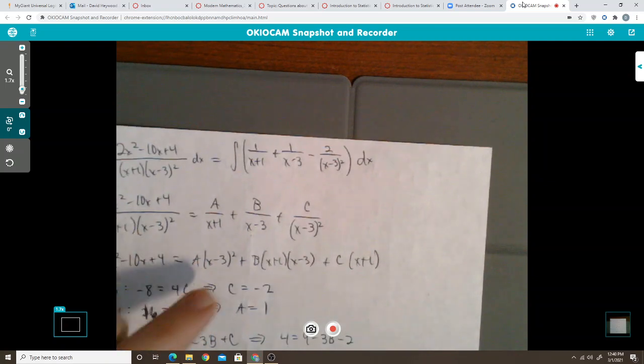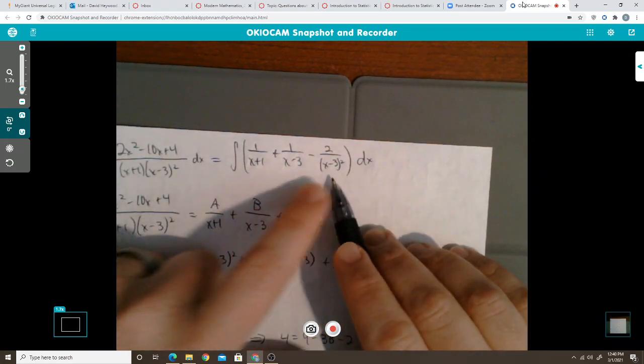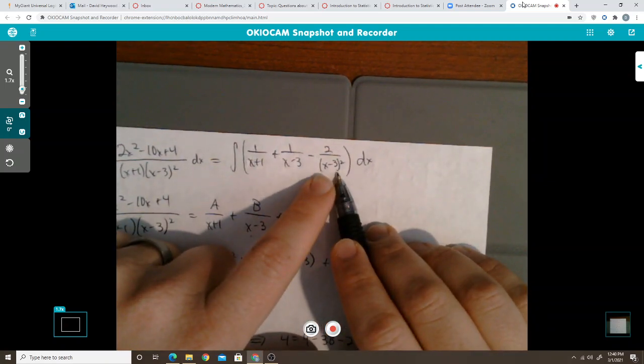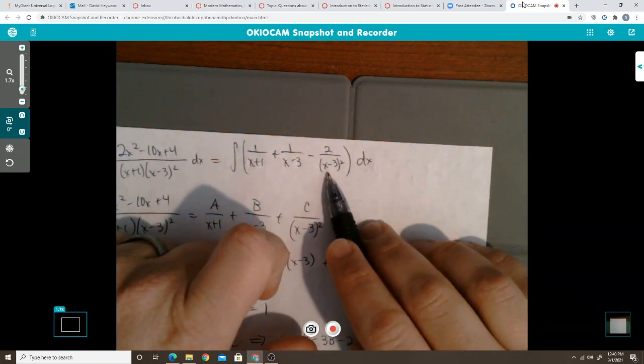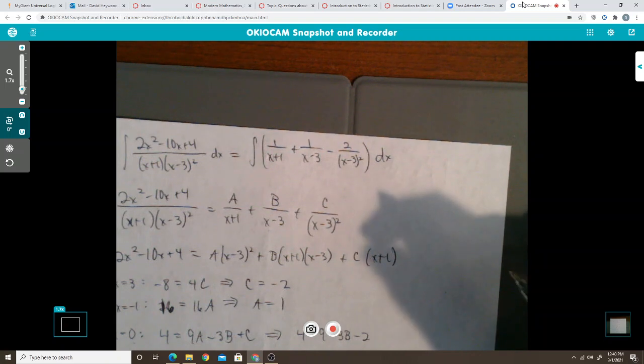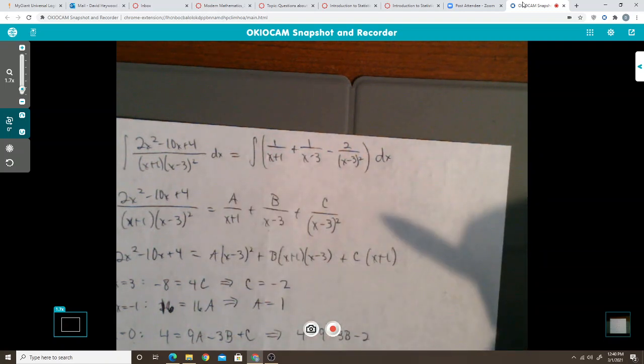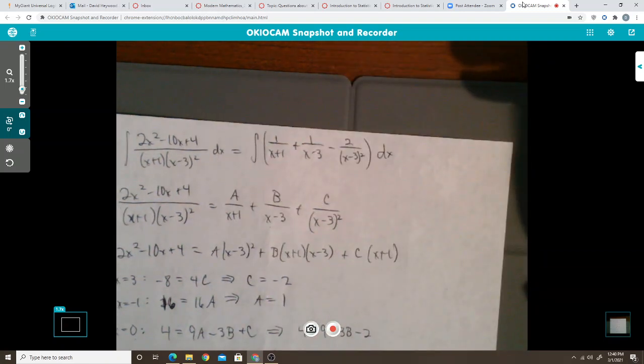And then, you know, these things are just natural logs. This thing, you could do a u substitution or whatever, and then it's just like a 2 over u squared type of situation. So it's not complicated to solve at this point, so I'm just going to leave it there.